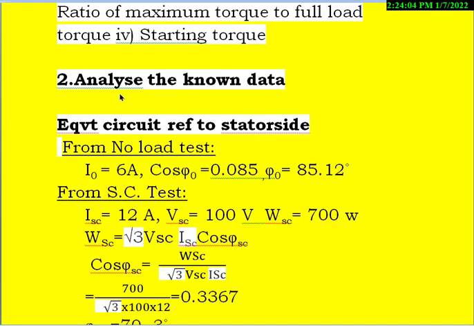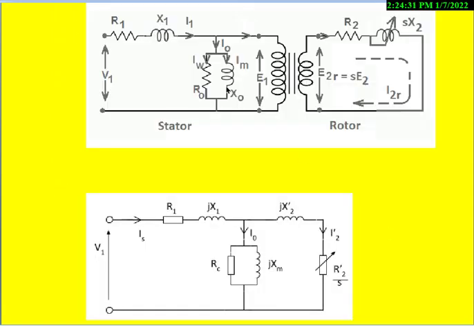So let us go to the next step, which is to analyze the known data. Here we need to know the equivalent circuit referred to the stator side. This is the stator side equivalent circuit, this is the rotor side equivalent circuit.